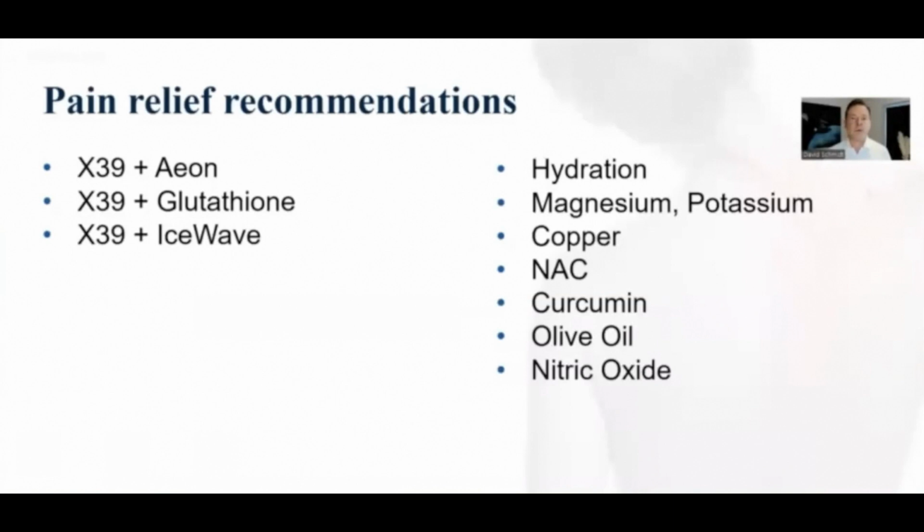Interesting thing about copper. We always recommend copper because X39 elevates copper peptide. So you want to have copper in the body, and you can get copper from eating liver, from drinking wheatgrass, from consuming dark chocolate, lots of great sources of natural copper, seafood.